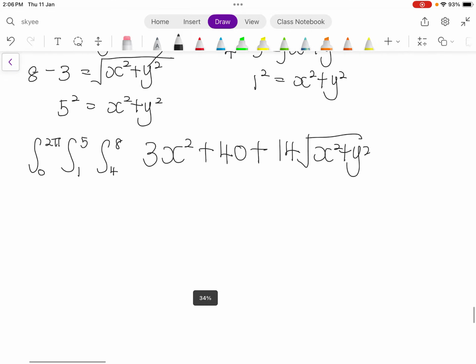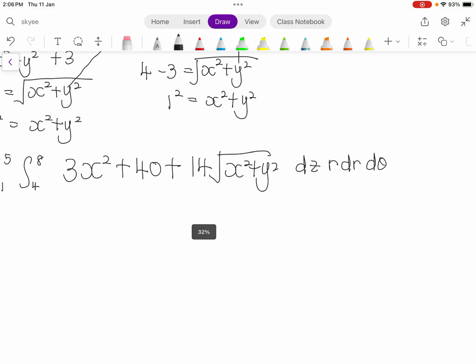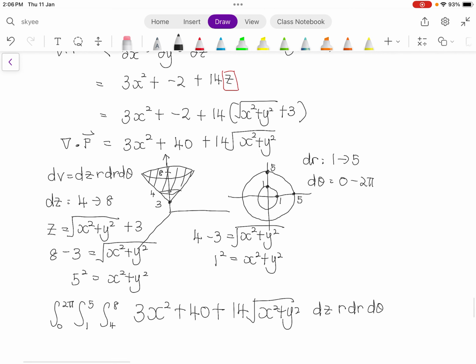We are going to solve using cylindrical. Wait, just now I simplified the z, right? I think I cannot simplify the z, otherwise I cannot integrate it. So just ignore this one, and also this one.